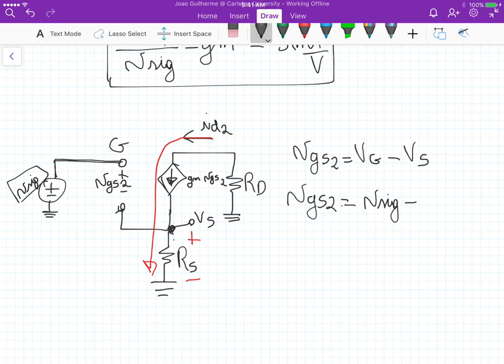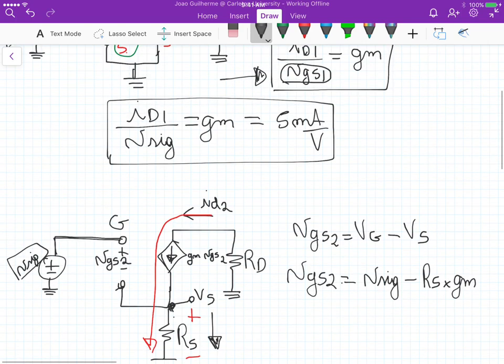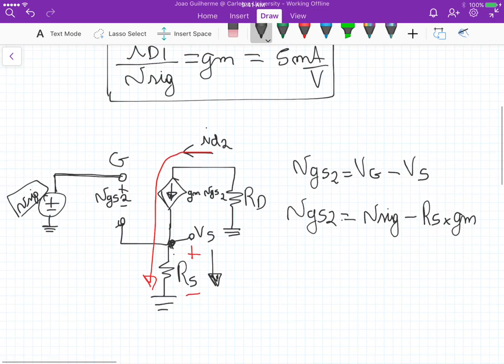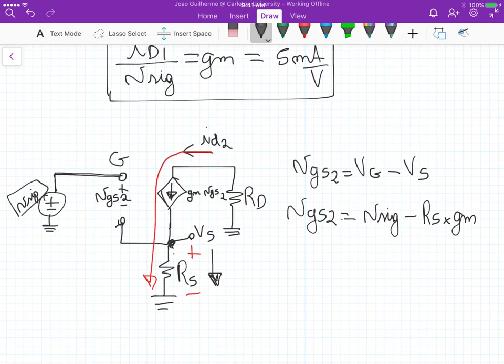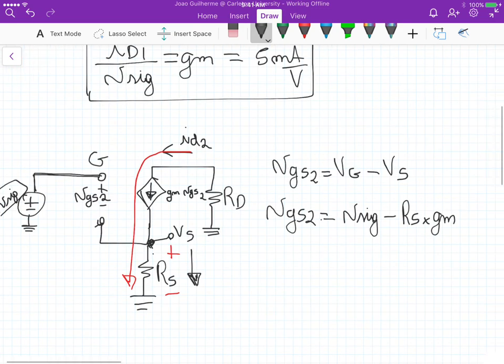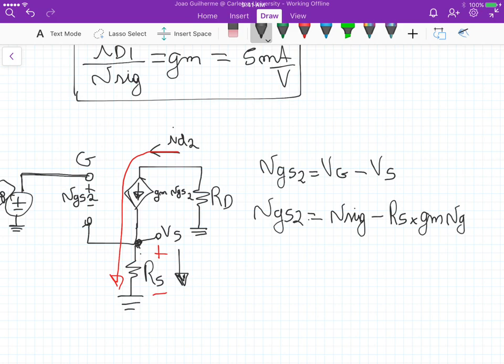the value of the voltage across RS. The current flowing through this RS is actually gm times VGS2, so it's RS times gm, our previous gm, times VGS2.